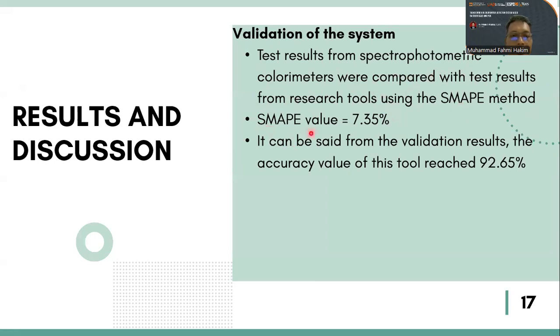The SMAPE value is 7.35%. So it can be said from the validation result that the accuracy value of this tool is 92.65%. So this is accurate enough for this prototype.